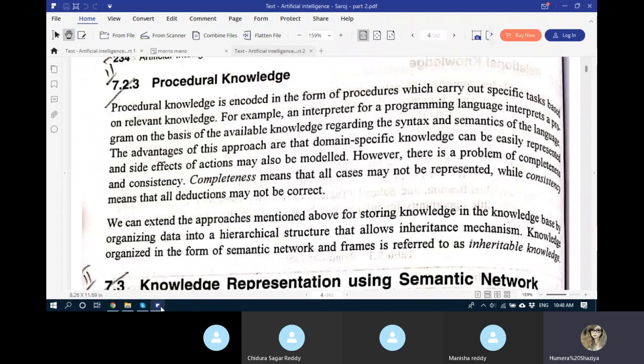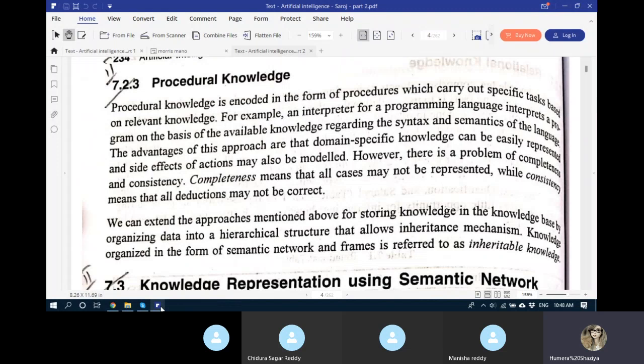If you can't do that, then it is not satisfying the property of completeness. And if you are able to deduce the conclusions, then it is consistent, otherwise it's not. So I hope that this is also clear to you all.